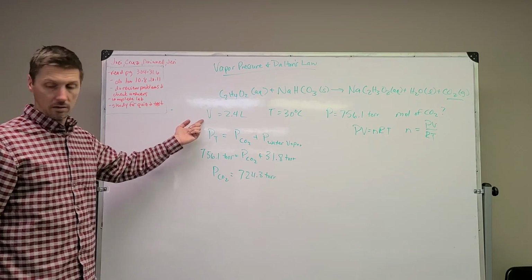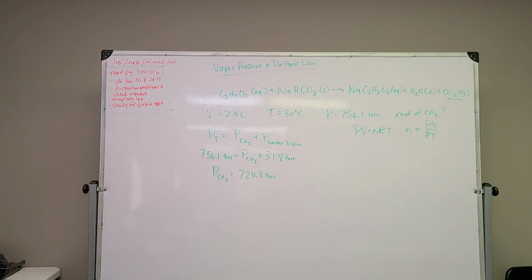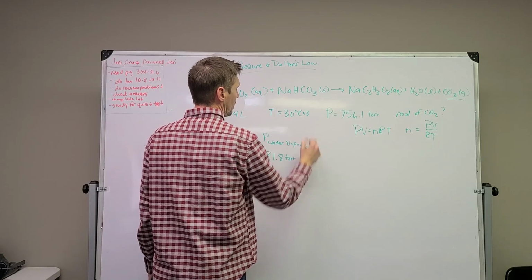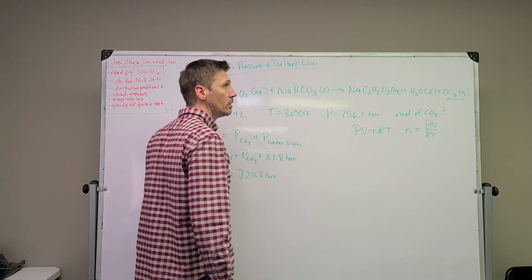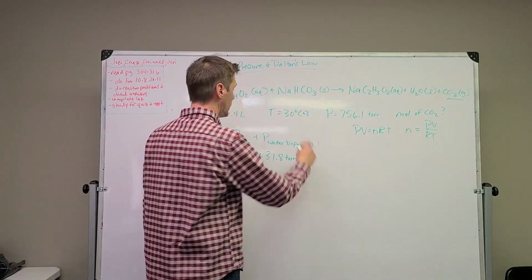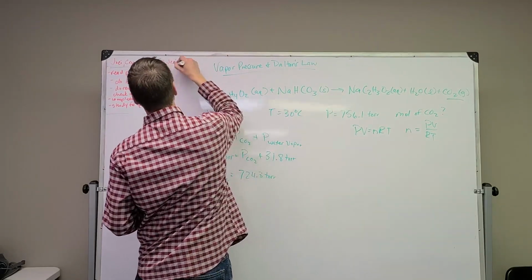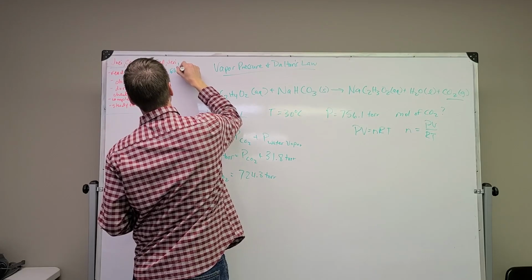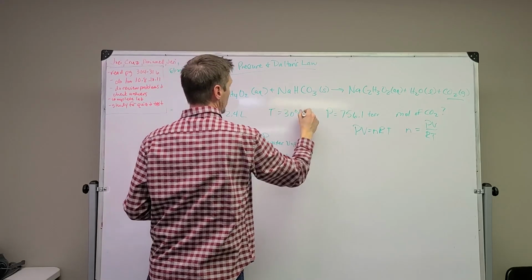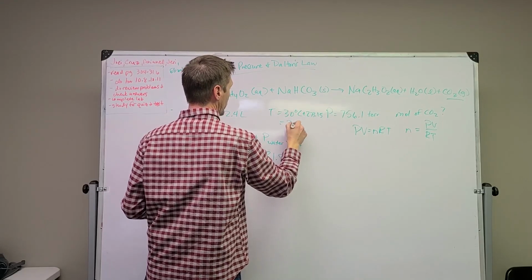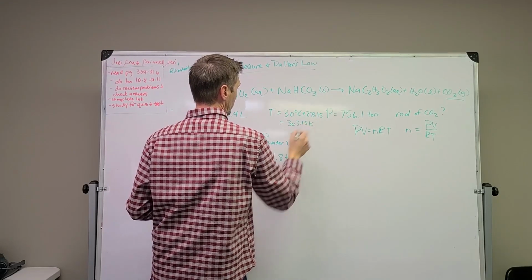We've got V. We have a volume of 2.4 liters. The temperature is 30 degrees, and we need to add to that 273.15, so we get 303.15 Kelvin.